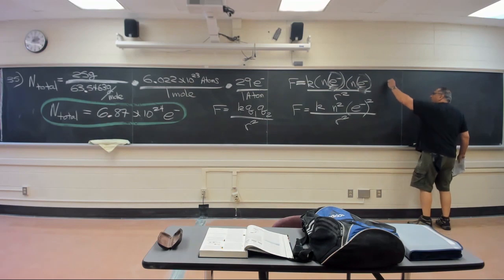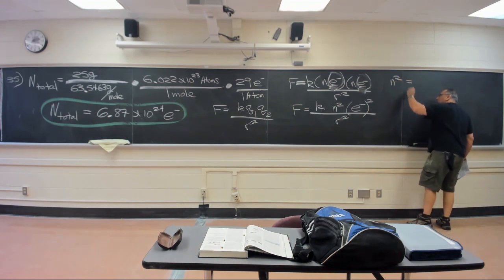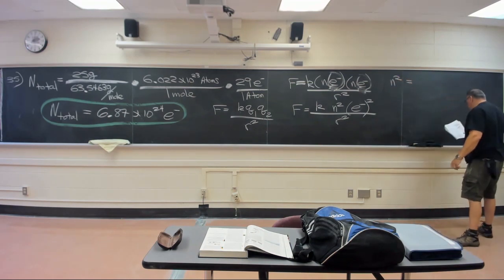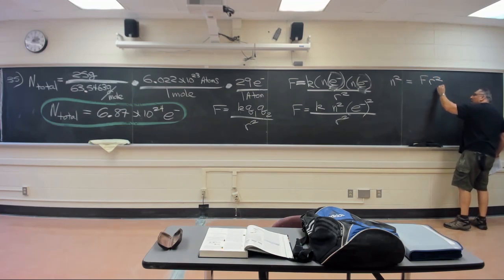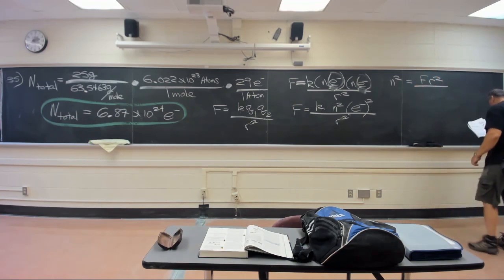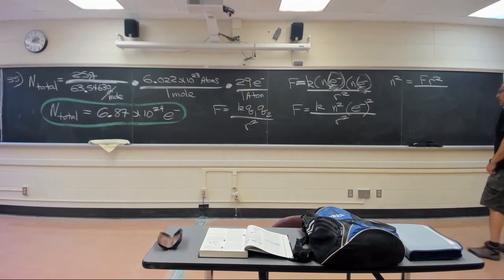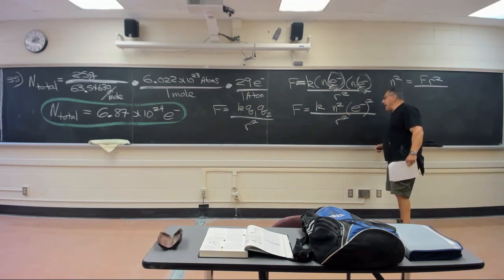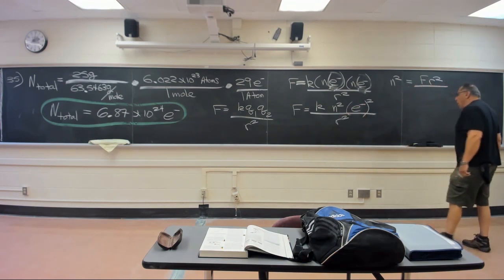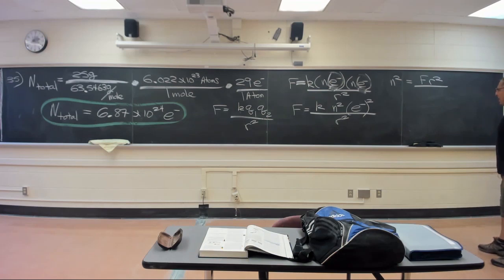Small n squared is equal to F R squared. I'm going to multiply by r squared on each side and divide by k times the quantity charge on an electron squared, the magnitude of the charge on an electron squared.